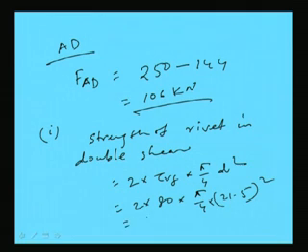So, this is becoming 58 kilonewton due to double shear.